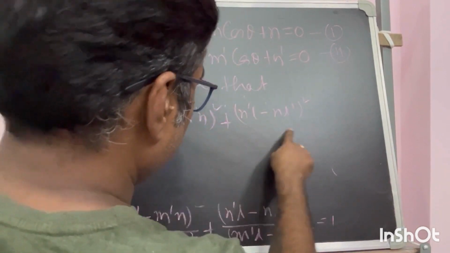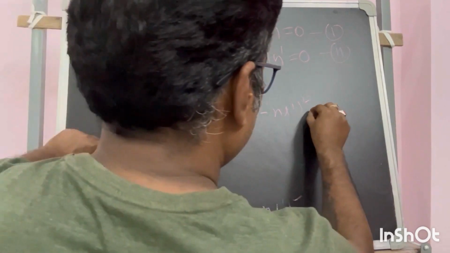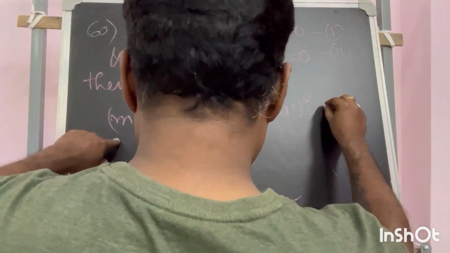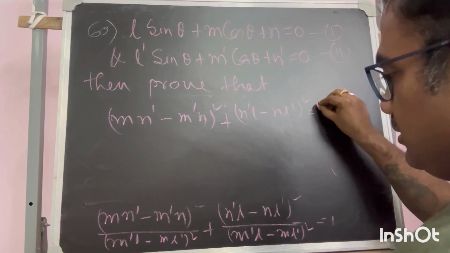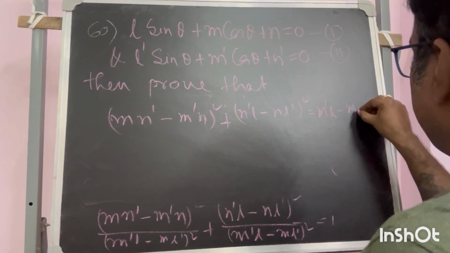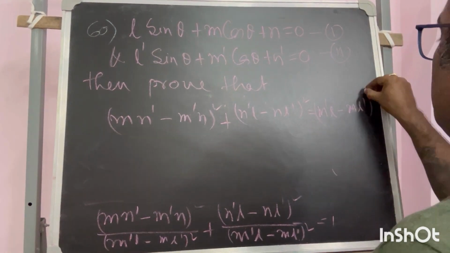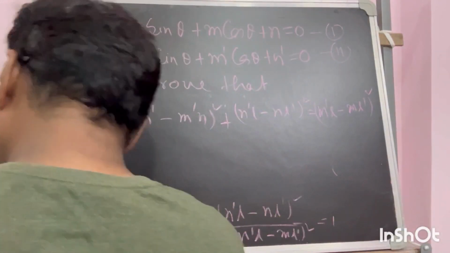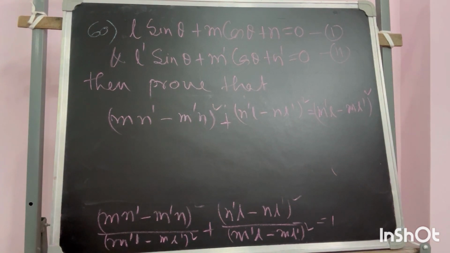So ultimately this will be divided by this. Ultimately if I multiply it with 1, that will go to the right hand side, M dash L minus M L dash whole square. So this has to be the case that I have to prove.